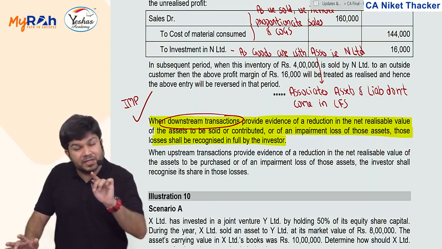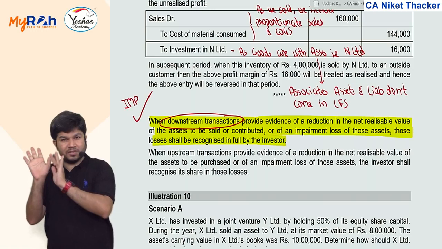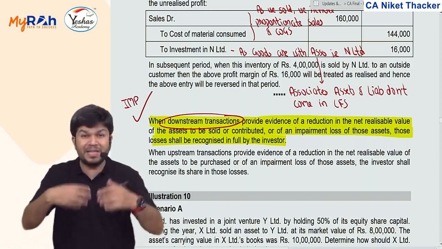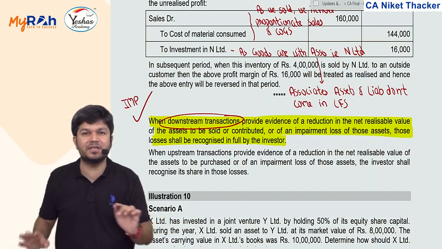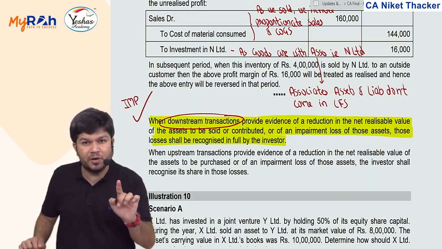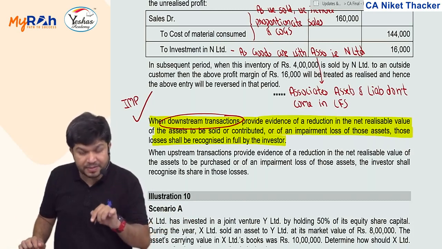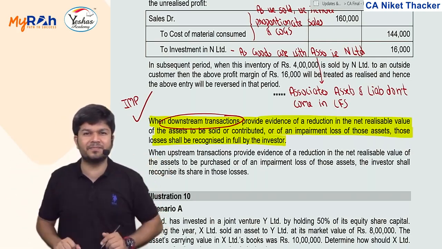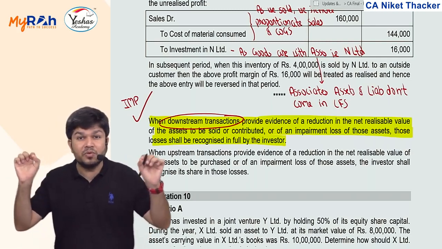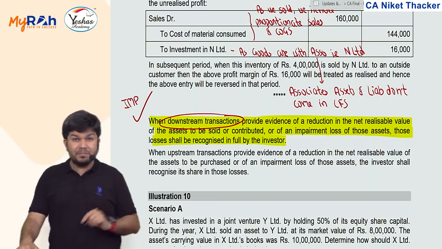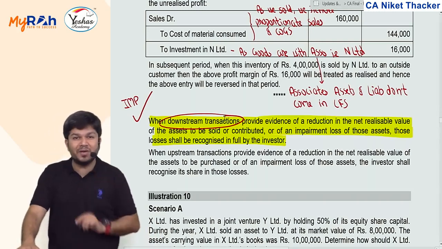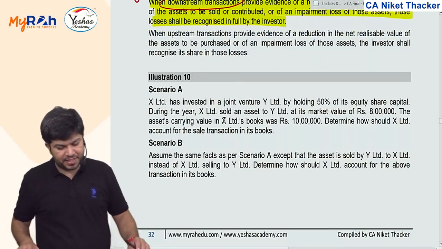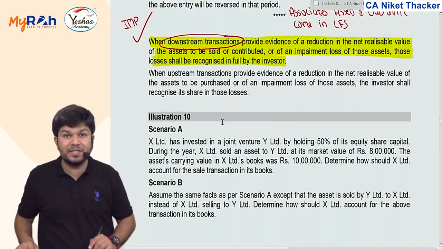If value has really gone down, say inventory of cost 10 lakh sold for 8 lakh, a 2 lakh loss, don't say that since the goods are still with you, your share of loss is unrealized. If value has really gone down, even if goods were with you, you would have valued them at 8 lakh. If you sold at 8, don't remove the unrealized loss. If prices have really gone down, don't remove the unrealized loss. Record the full loss. Okay, check. This is a downstream transaction.